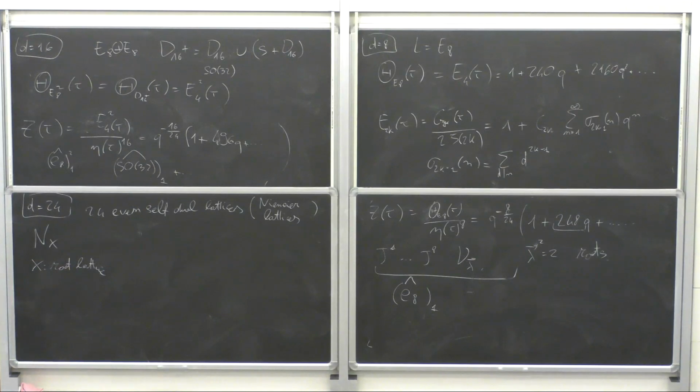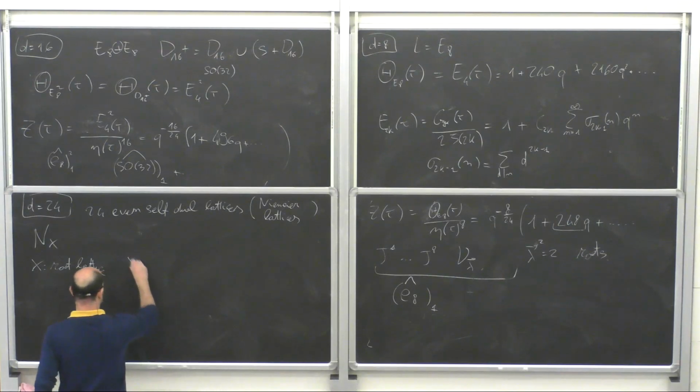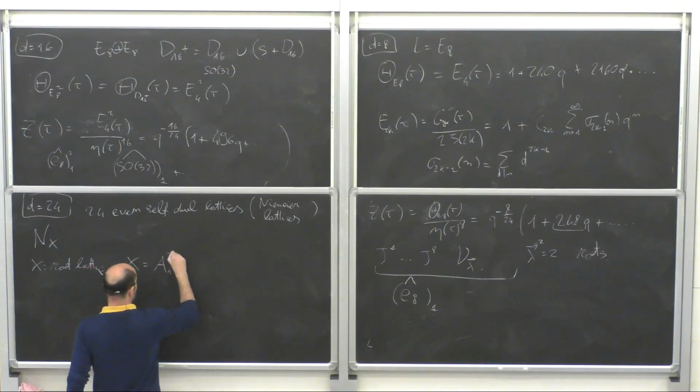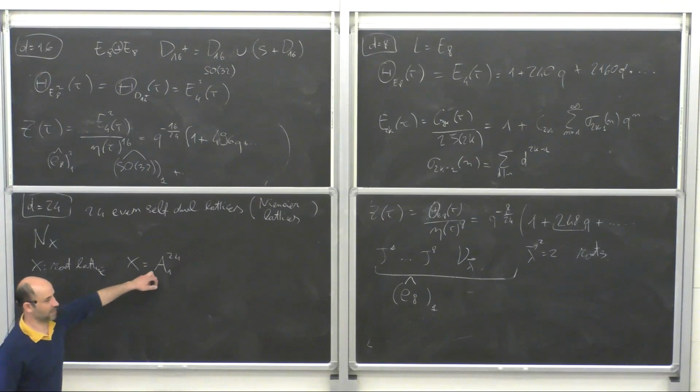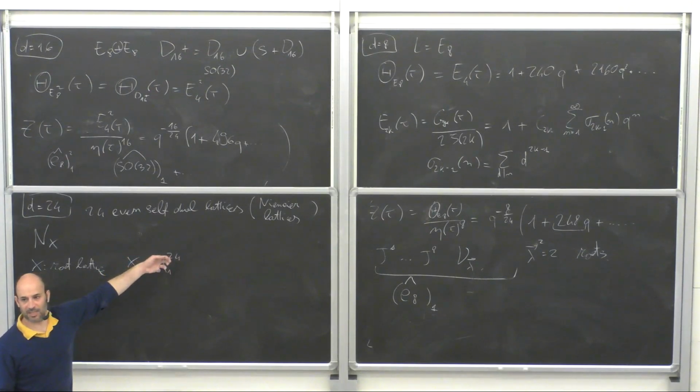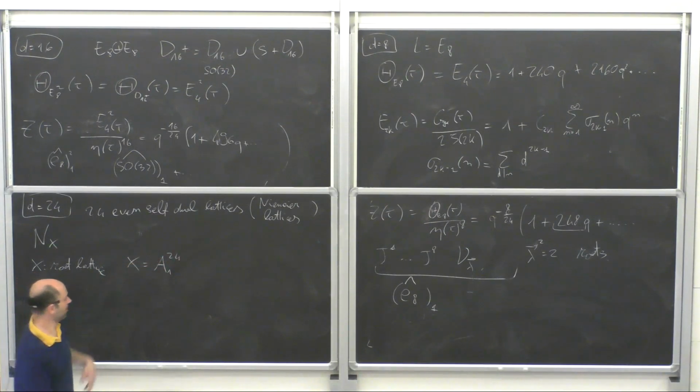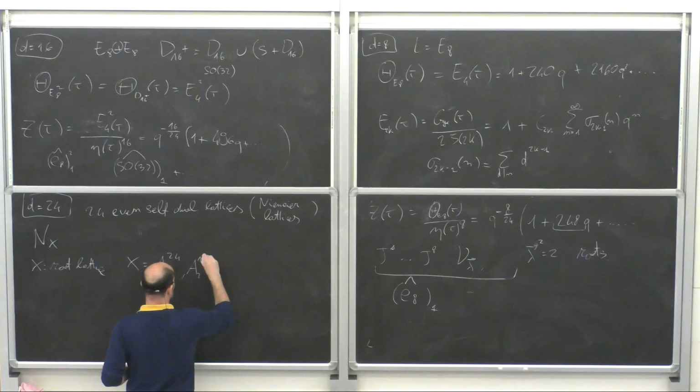And then you have a list of 24 possible root lattices that give you even self-dual lattices. And they look like A1 to the 24, which means 24 copies of the SU2 root lattice, or A2 to the 12.